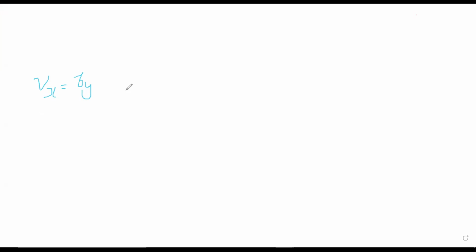So the first thing that we can say is that the velocity in the x direction is a function only dependent on y. So what does that mean? What it means is if we had a channel, something like this, that is a terrible channel.